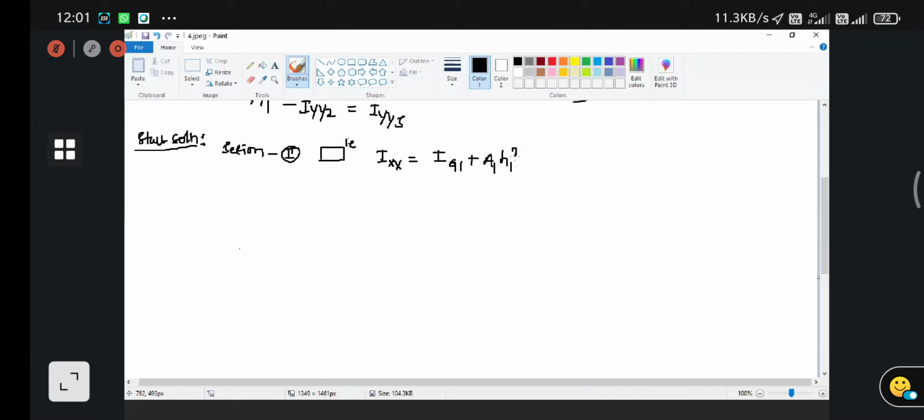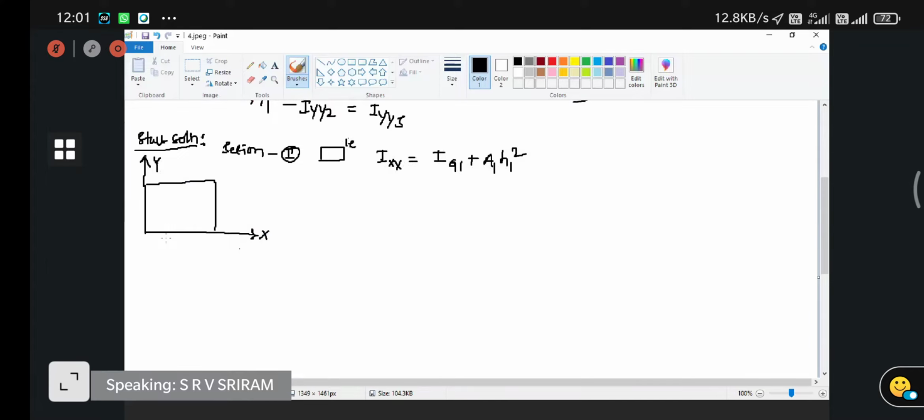How I have drawn this: simply I have taken a rectangle which has its base on the x-axis and another vertical base on the y-axis. It has 240 as the length and 120 as the height.